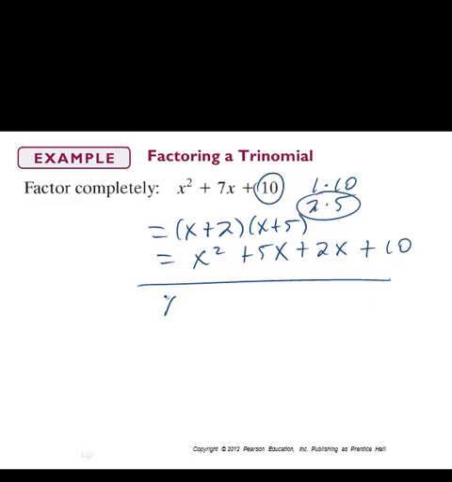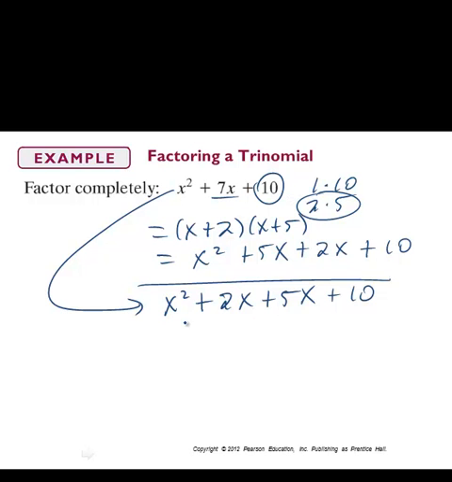So we could write the x squared plus 7x as x squared plus maybe 2x or 5x. But let's just write 2x first. And then we have 5x plus 10. So all we did was rewrite the 7x middle term as 2x plus 5x.